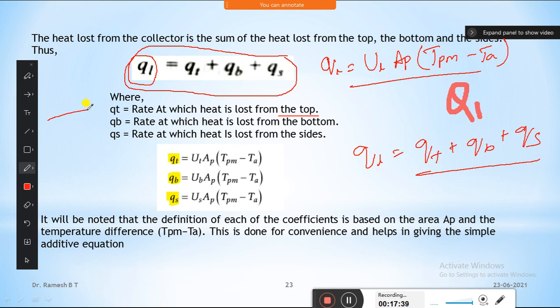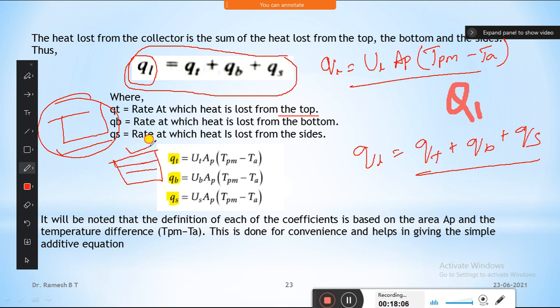Here is the absorber plate in the liquid flat plate collector, with a cover system, and the absorber plate is insulated with insulators. Entirely this is called a liquid flat plate collector, having multiple layers: the insulators, the absorber plate, and the cover.